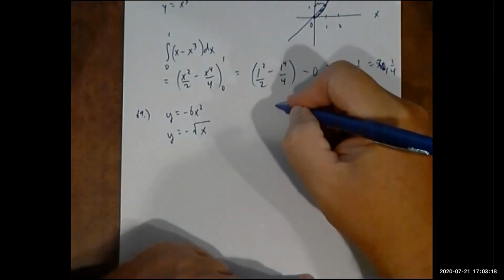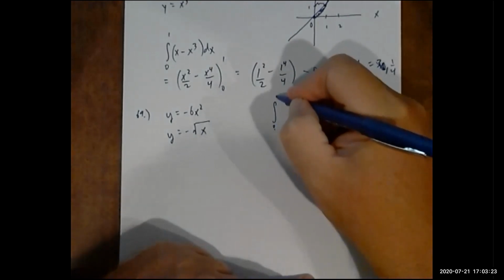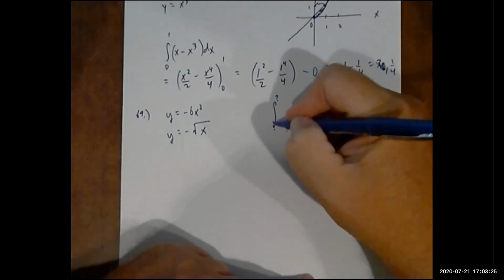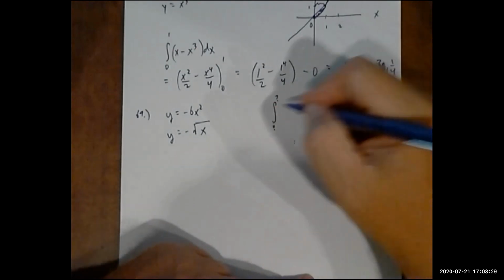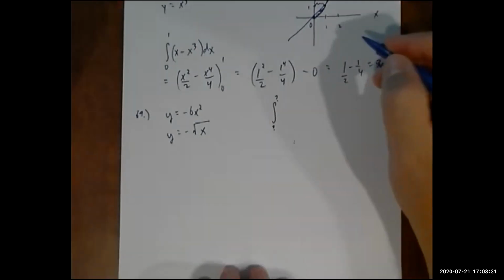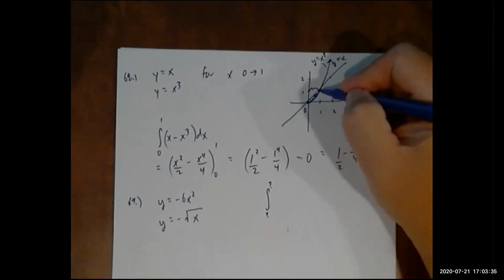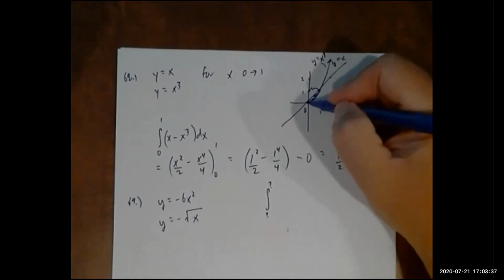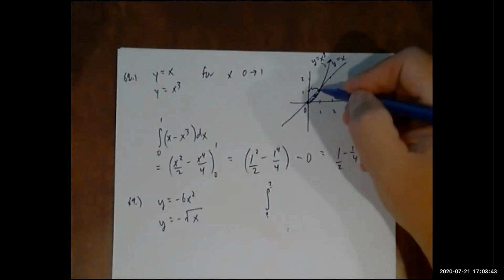We're eventually going to have an integral, and we want the value of x on the left part and the value of x on the right part, right? So like this previous problem, we went from 0 to 1. So these are where the two functions intersected.